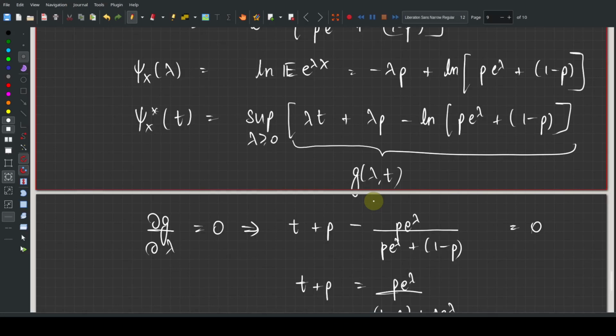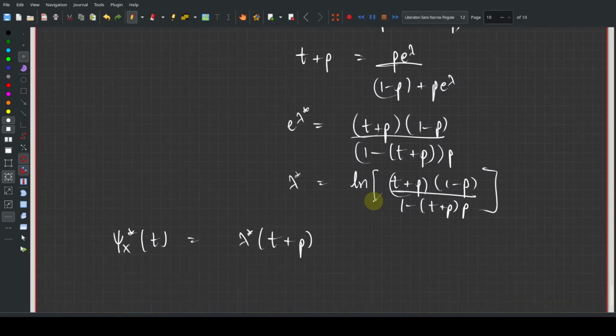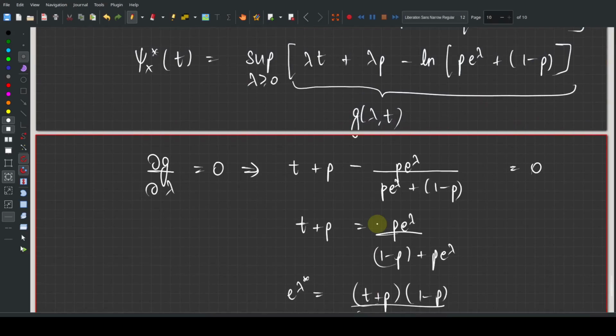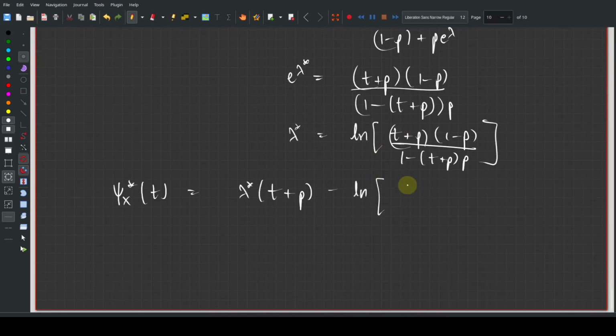t plus p minus log of p e to the lambda plus 1 minus p. Right?